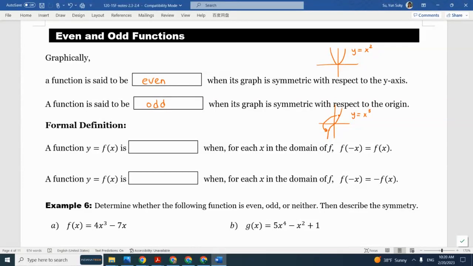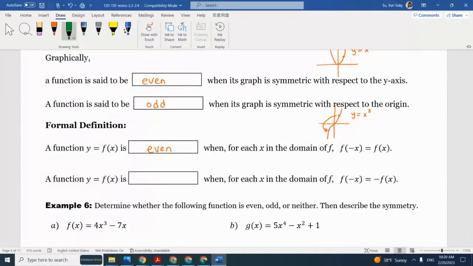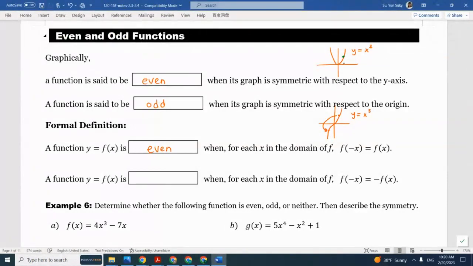Okay. Formal definition. So those are the graphs. We have those properties. Formal definition. A function is said to be even if f of minus x equals f of x. Well, what does that mean? Okay, think about it. Let's call this point x, right?